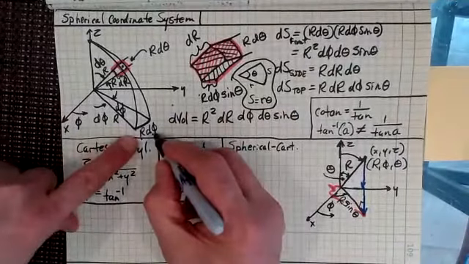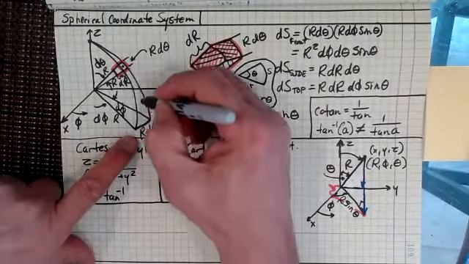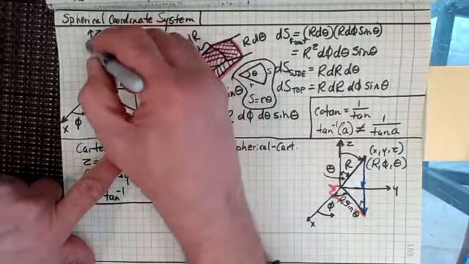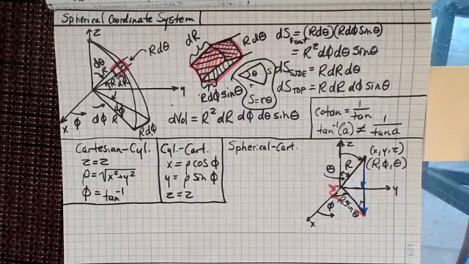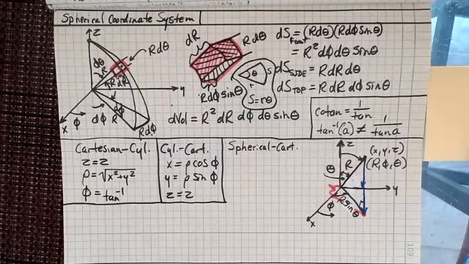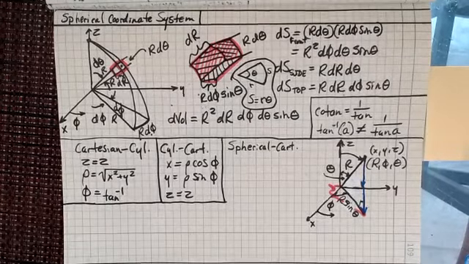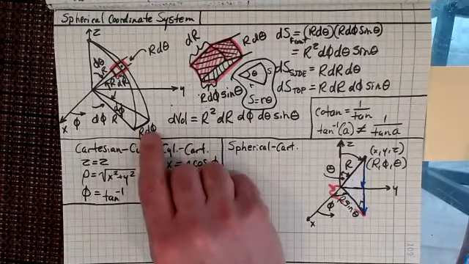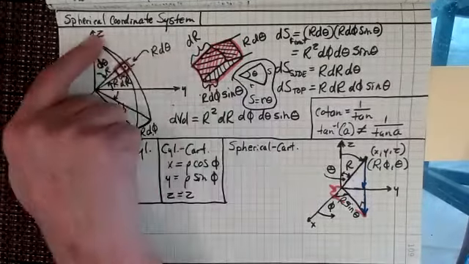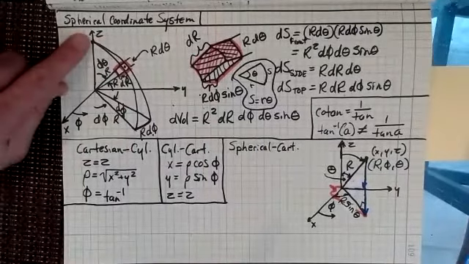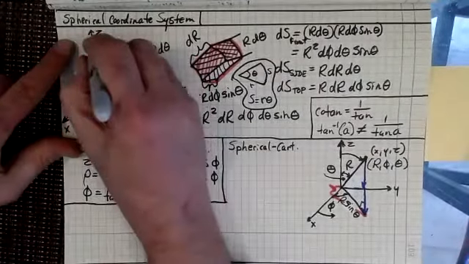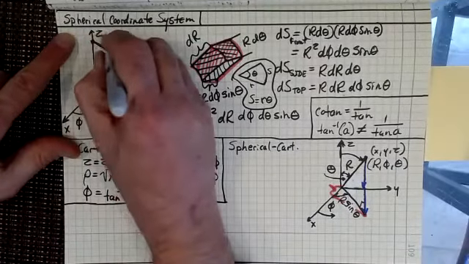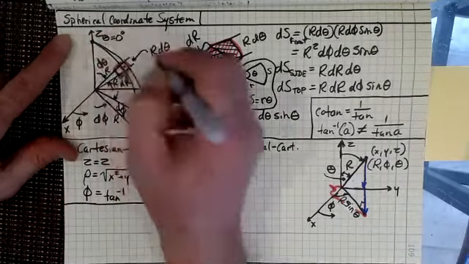This side here is r d phi, but then if you look at how this goes up to 0, how is r d phi changing, right? So we know that it starts out at 0, because this is when theta equals 0. So at the z-axis, theta equals 0 degrees.